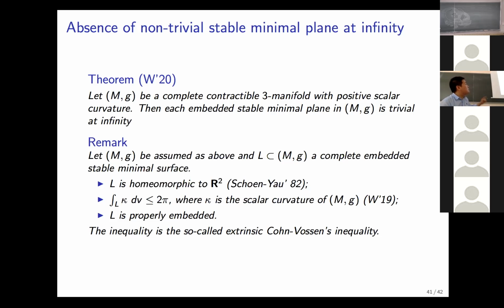L is homeomorphic to R2. This is Shen-Yang's work. And the integral of the scalar curvature of M along L is bounded above by 2 pi. So we know L is properly embedded.